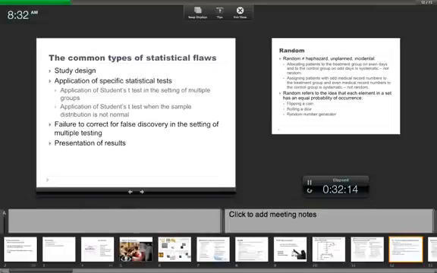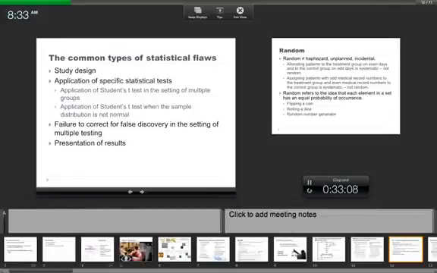When you have multiple groups, let's say you have a control group and experimental groups treated with drug A, another with drug B, and another with drug C. Is it correct that I apply the t-test to compare the group treated with drug A with the control group, then use the t-test again to compare drug B with the control group, and again to compare drug C with the control group? Is that the appropriate test? No.